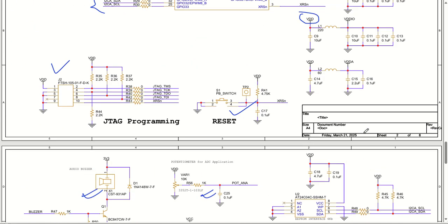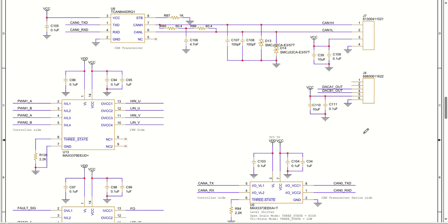Good, let us talk about the interfacing that we have done. So this is my CAN transceiver IC. The CAN signal is going to come through this particular voltage translator, and the voltage level translator is going to give you TXD, RXD, that is getting connected to the transceiver inputs.